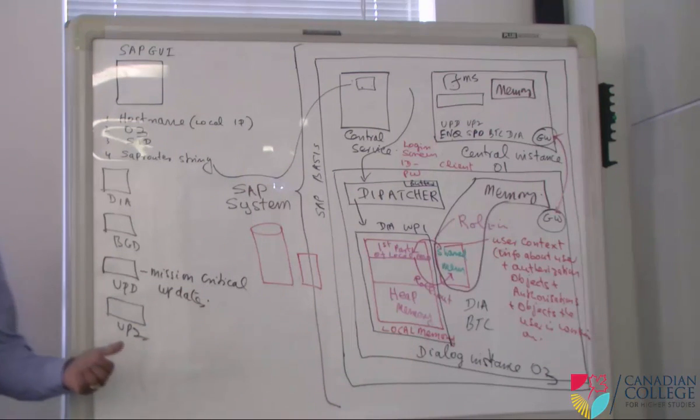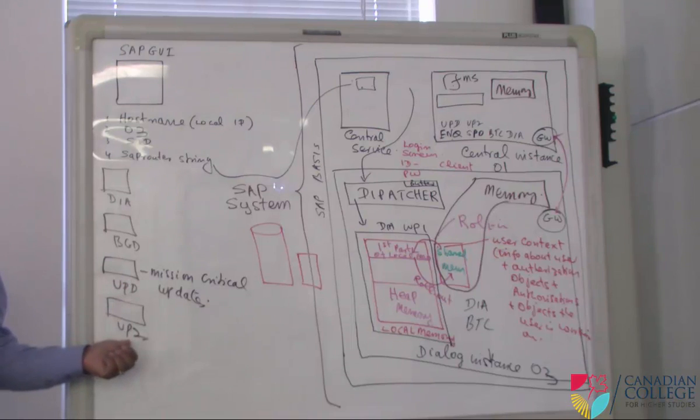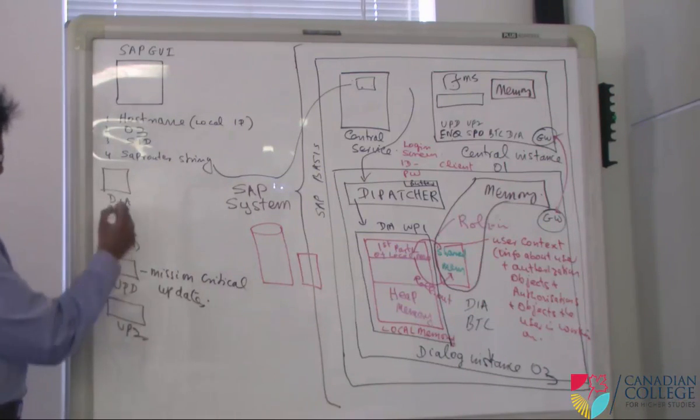Something like changing your password. Changing your password is mission critical. Changing your address may not be mission critical. So the programmers who develop these codes decide this is mission critical, this is not mission critical, and based on that, the update work processes work, right? Yeah. Then we have dialog, background, update.